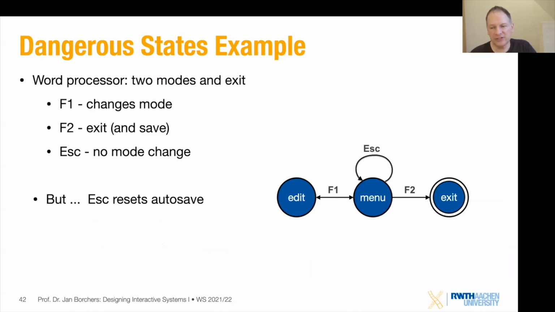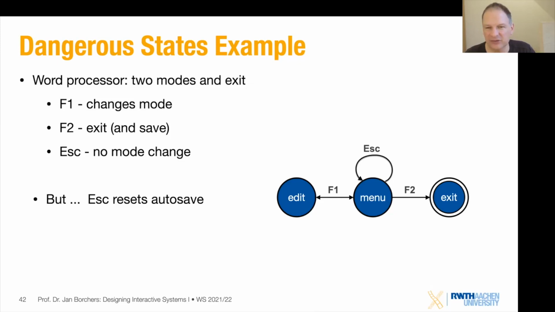Dangerous states. I gave an example on that as well. And I said that we can identify dangerous states. Here's a concrete example. Let's imagine you've got a word processing application, right? You know, a text editor. And let's also assume that this text editor has different modes, right?